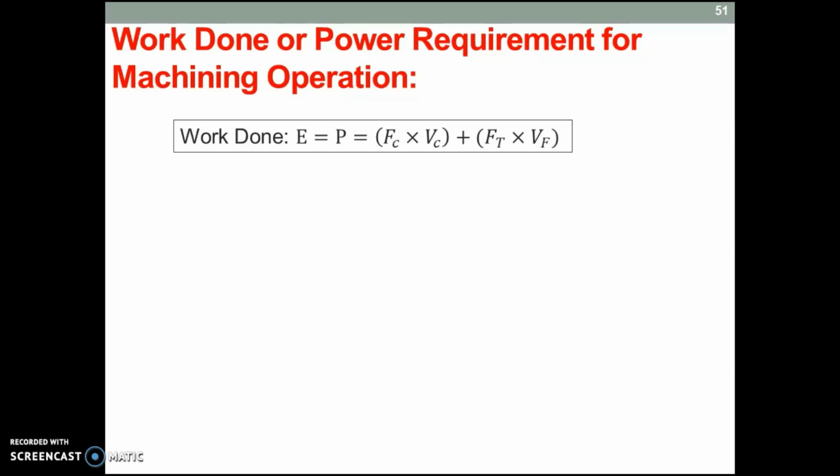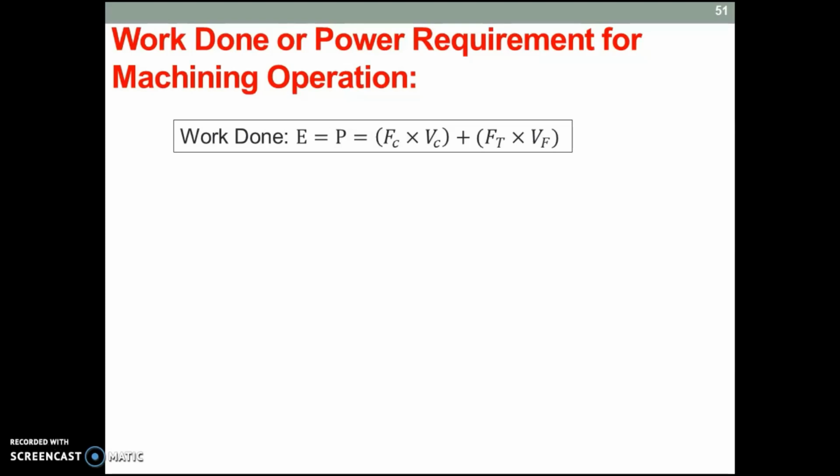Here the Vf is not the chip flow velocity, it is the feed velocity. You can see that it is V small f, and here we have written V capital F. So it is the feed velocity: cutting force into cutting velocity, thrust force into feed velocity.